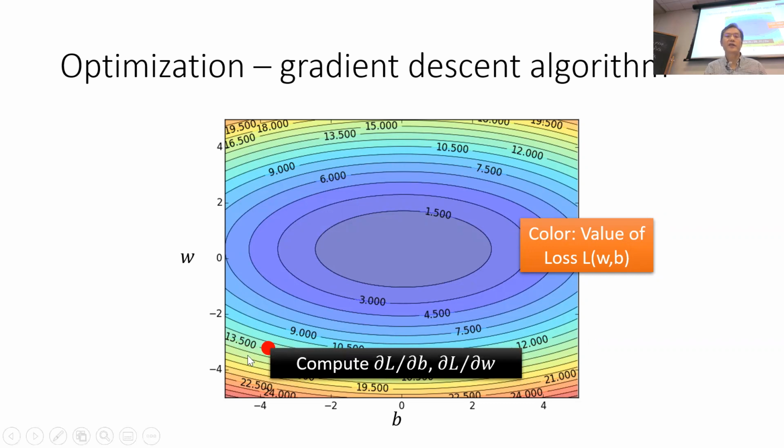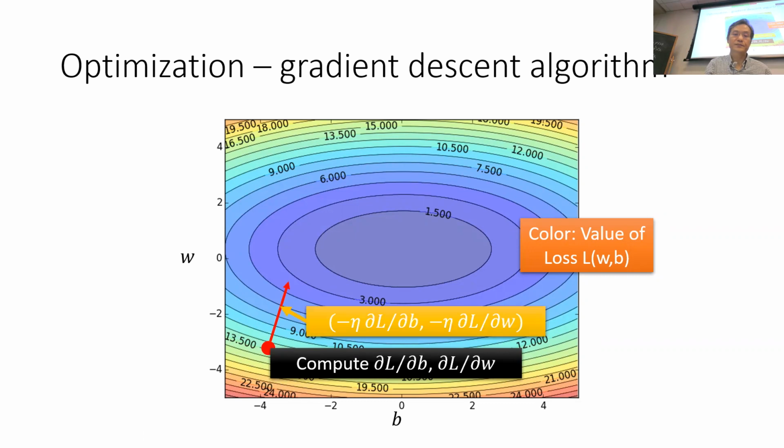Then you calculate the derivative with respect to B and then with respect to W, the partial derivatives of L. Then you want to move in the negative direction of that, with a parameter to set how long this step is. So this value will determine how fast you will move to the next step.